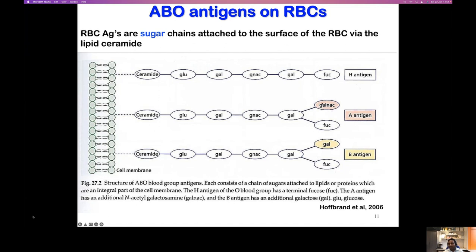The terminal region will have an N-acetyl galactosamine residue, attached to this galactose. So that's a huge difference between the O blood group people and people with A antigen. The A antigen people will have 2 sugar molecules at the terminal region. One is the fucose, very similar to O antigen. Another one is N-acetyl galactosamine.